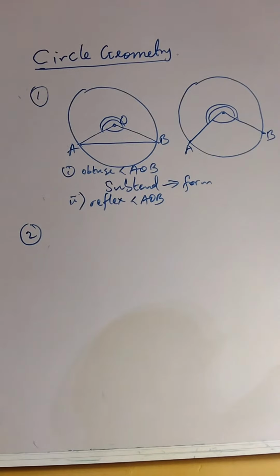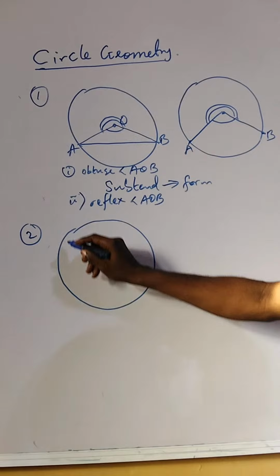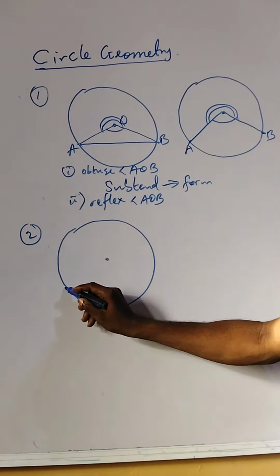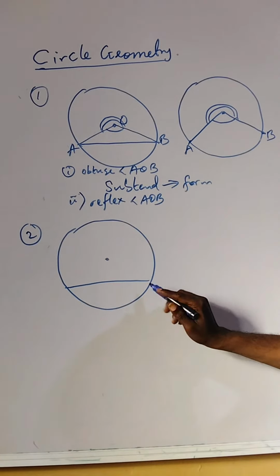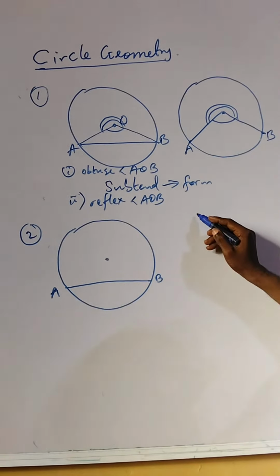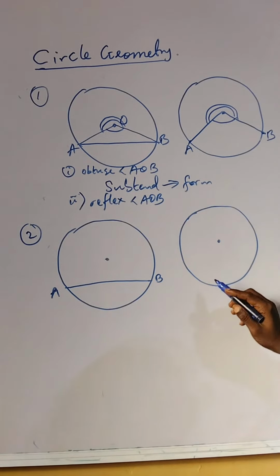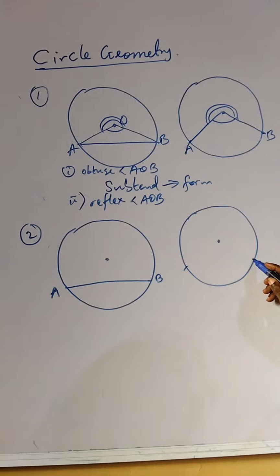Now, number two lemma, we are still considering a circle with center O with a chord. Can label it as chord AB as well, or it might be a circle with center O with an arc AB.